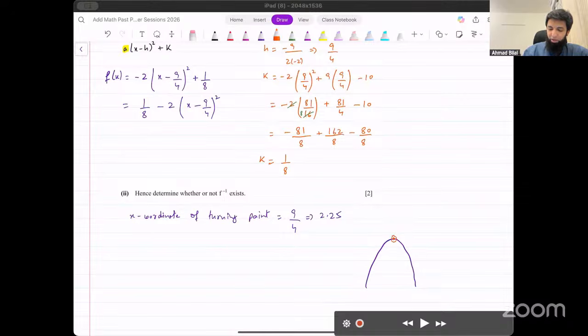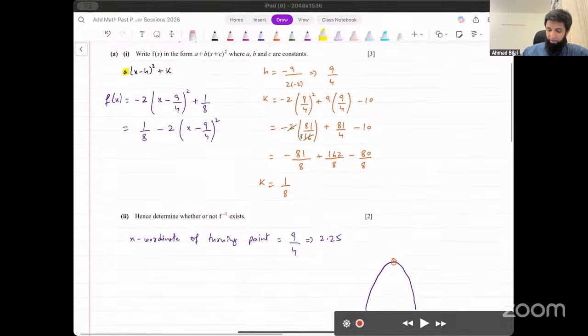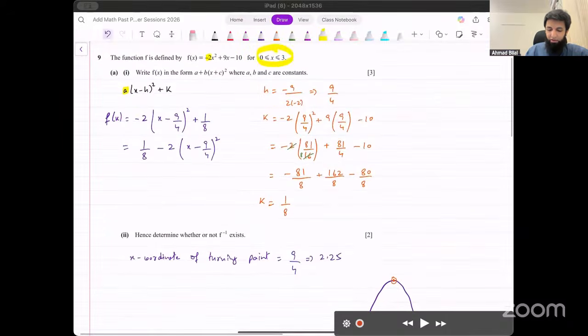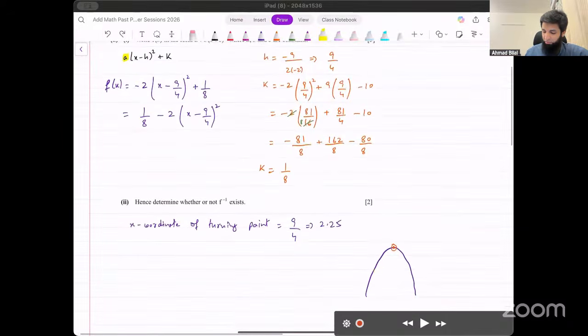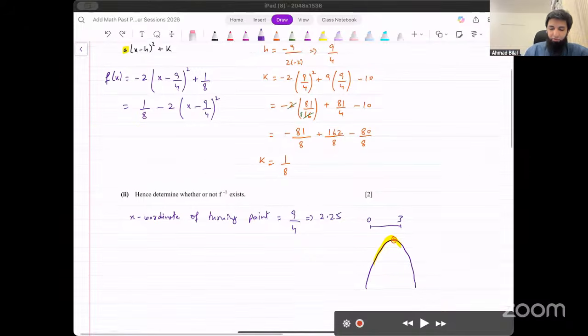If the turning point is in that domain that we're given, from 0 to 3, that's the domain, right? So let's suppose we've got 0 here, we've got 3 here. Turning point is in the middle. This function is not going to be a one-to-one function, right? If turning point is not in the given domain, then that means it is going to be a one-to-one function. So what do we say then?